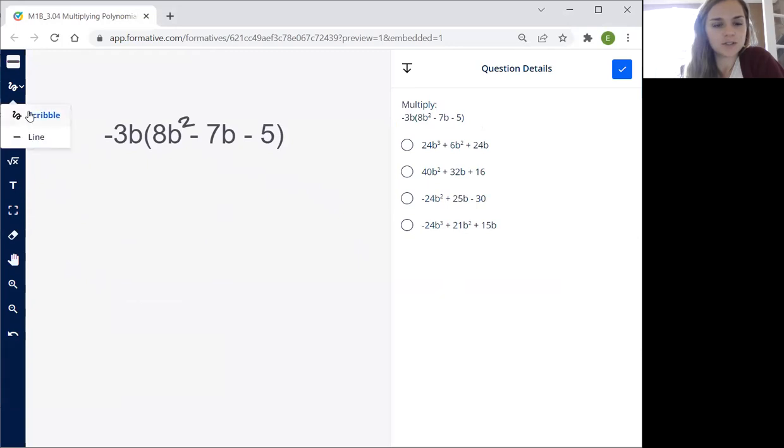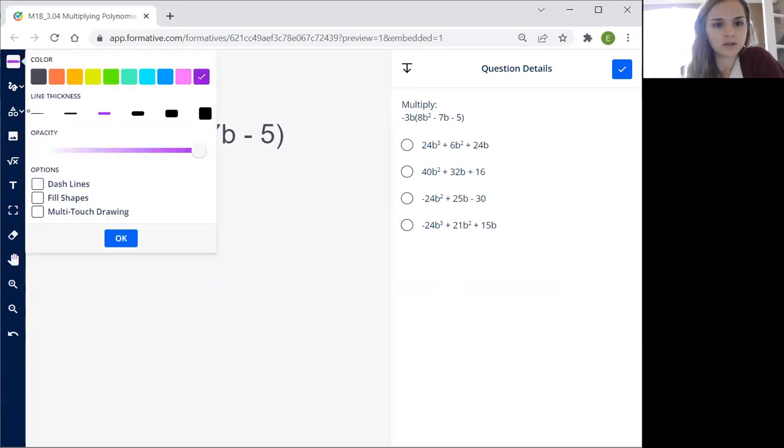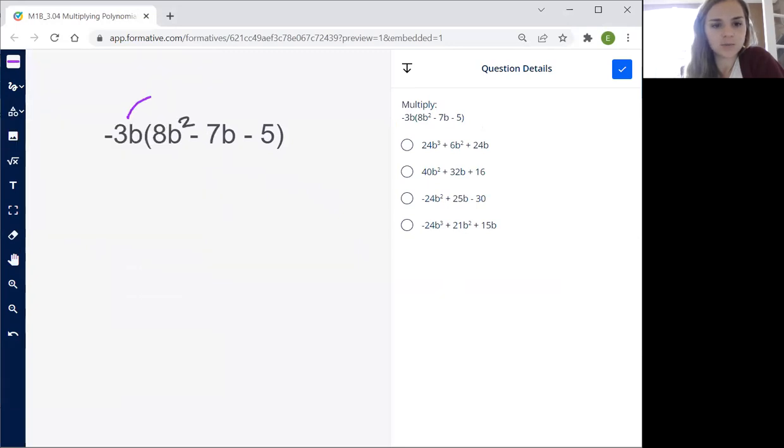So if you distribute, remember, we are multiplying coefficients, adding exponents. So -3 times 8 is -24. And 1 plus 2 is b to the third. Then we want to do -3 times -7, which is a +21.